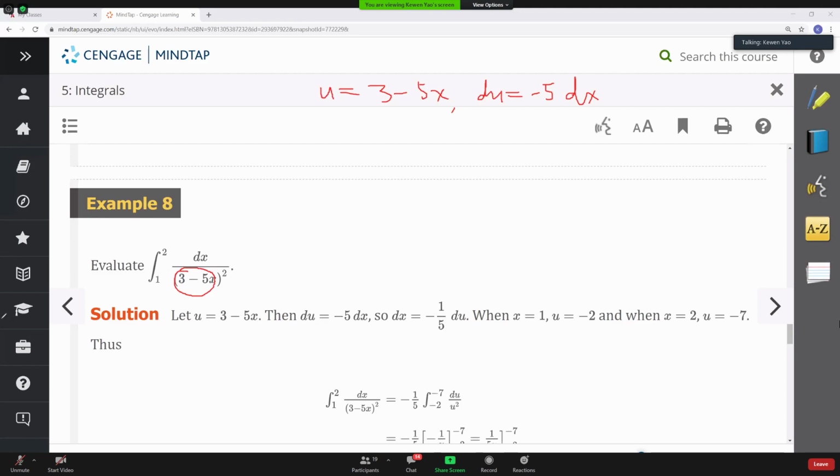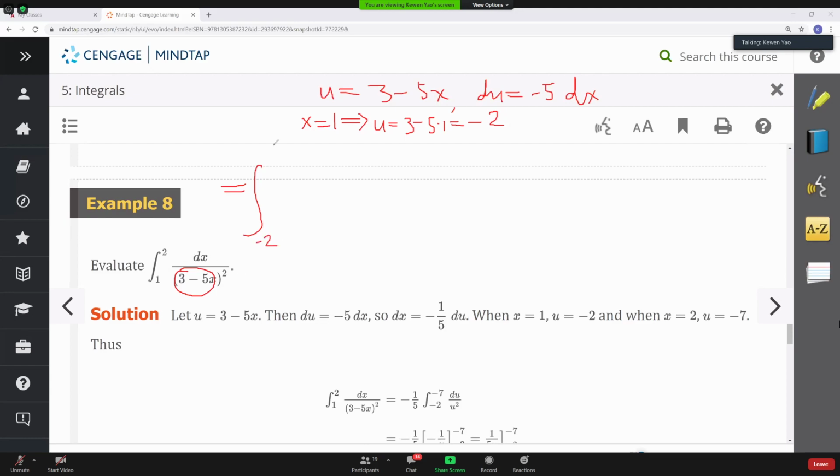Now you have to change the upper limit and the lower limit. x equals 1. Let's see what happens. Solve for u: u equals 3 minus 5 times 1, which is 3 minus 5. So the new lower limit is -2.